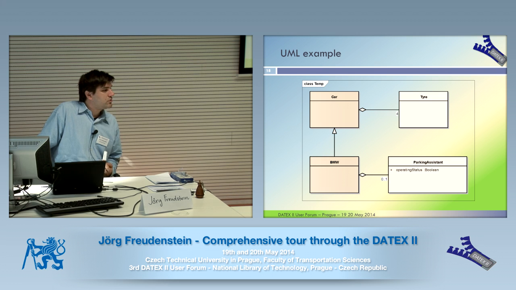And this relation means a car might be of type BMW, for instance. And a BMW might or might not have, 0 or 1, a parking assistant, and this parking assistant has got an operating status. This is mandatory because there is no multiplicity behind it. So when you specify the parking assistant, you might say if it's operating or not.